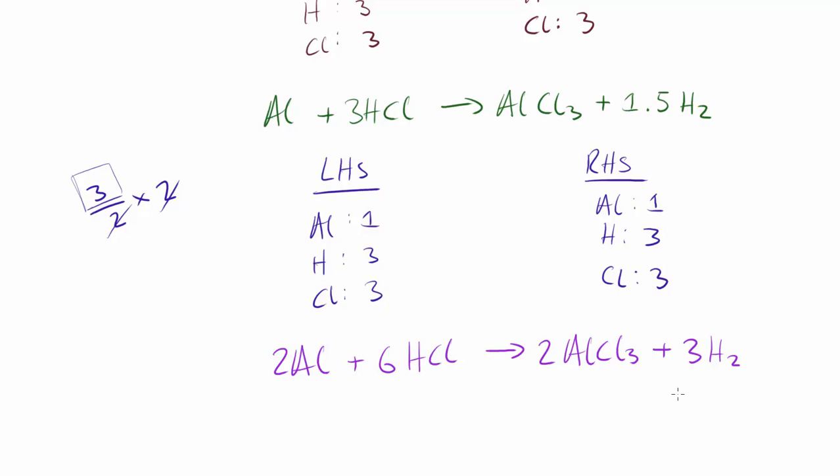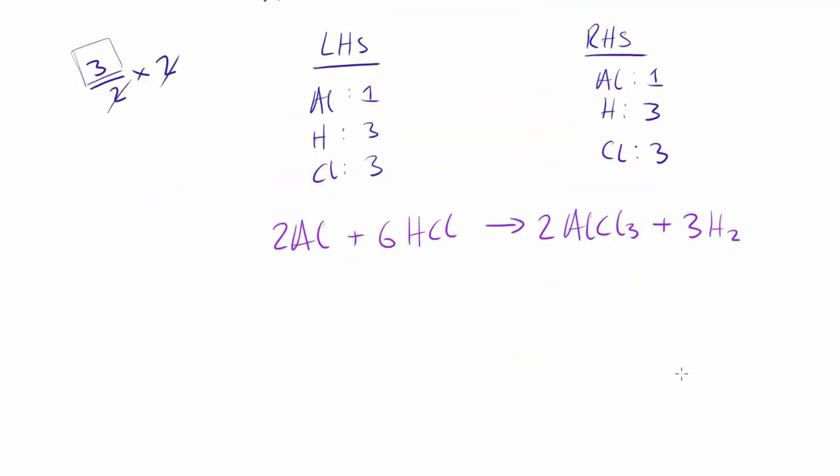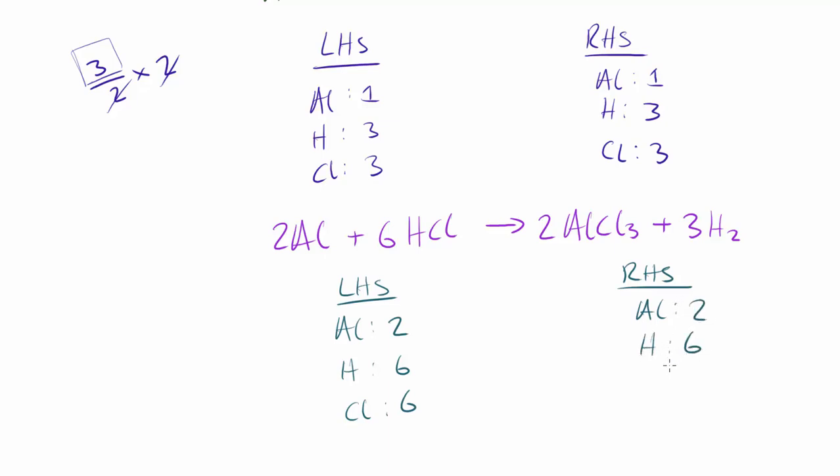And if we do a quick audit again, it's very straightforward. At this stage, all we're doing is doubling everything. So it's literally just double everything we've got here. So Al is going to be 2, H is going to be 6, Cl is going to be 6, Al is going to be 2, H is going to be 6, Cl is going to be 6.